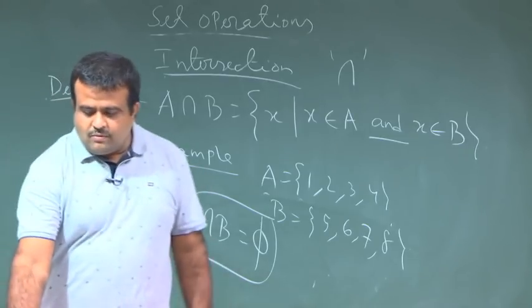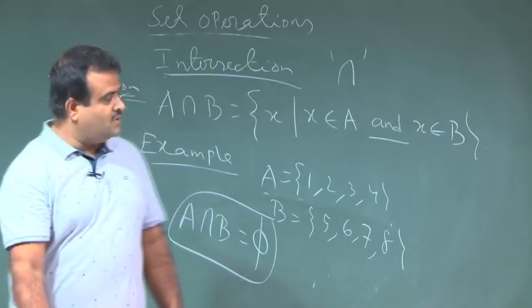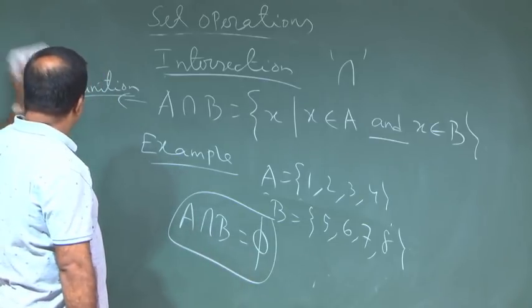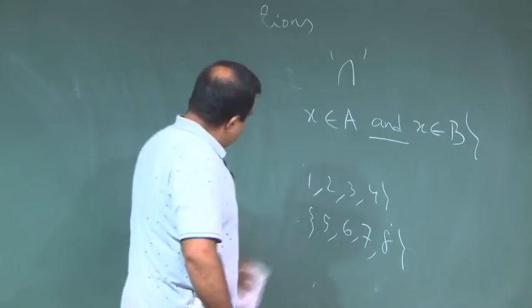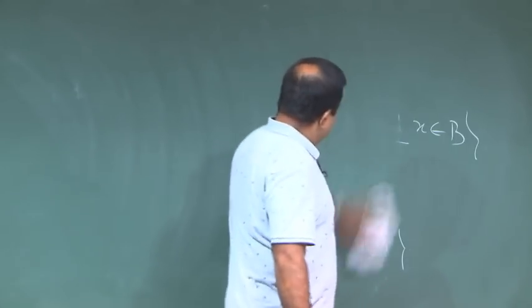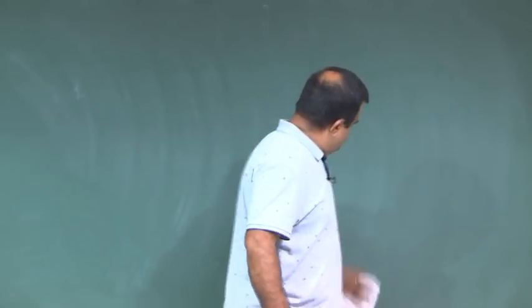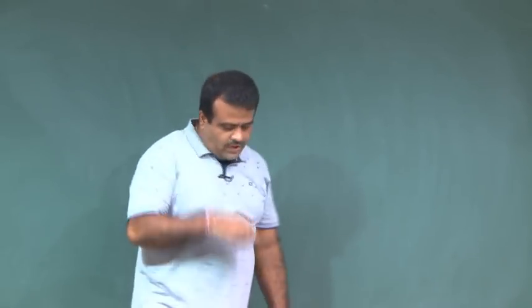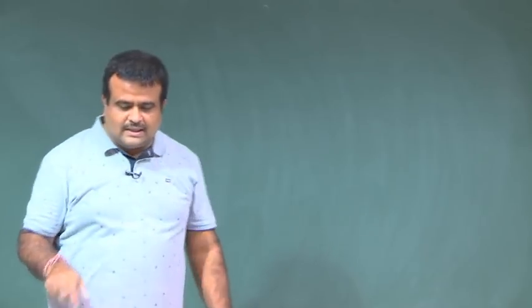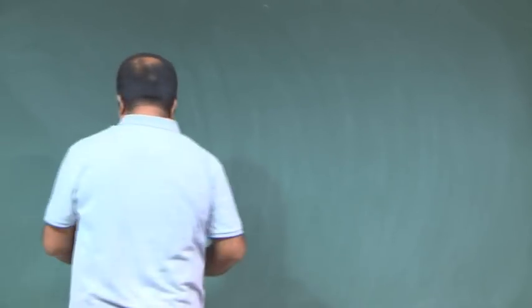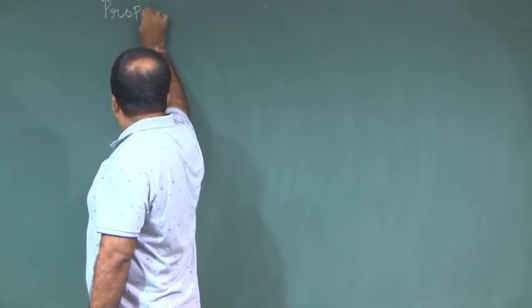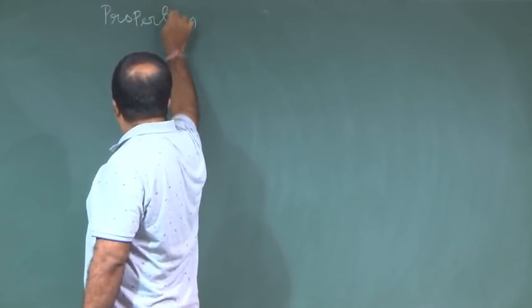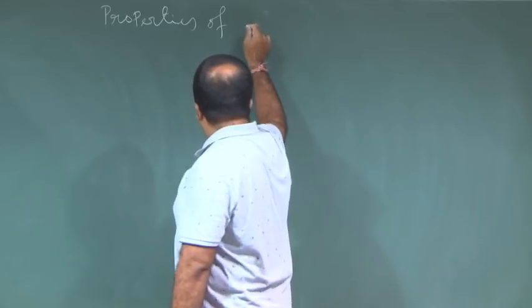Okay. So now we will discuss some properties of union and intersection. What are the properties? These are the properties of the set operations.